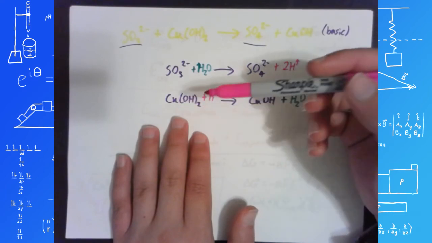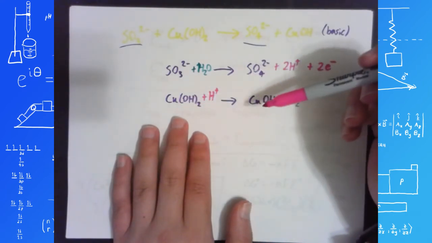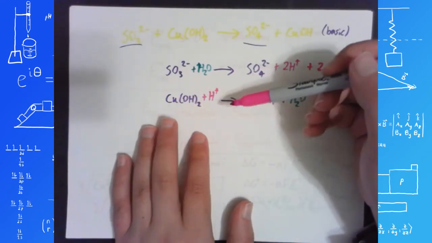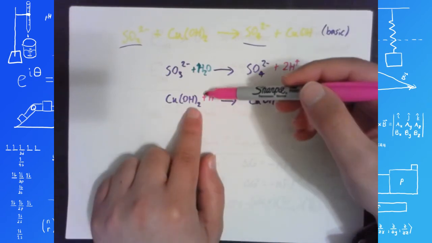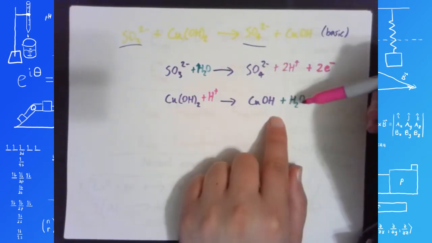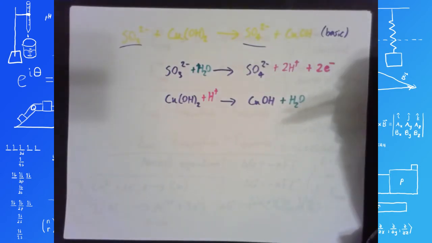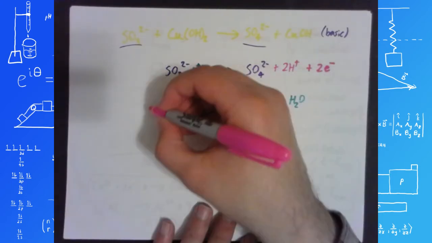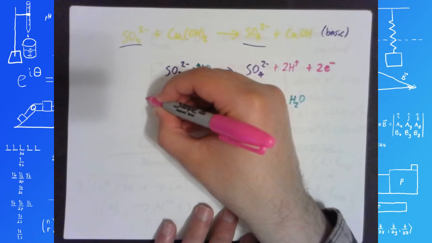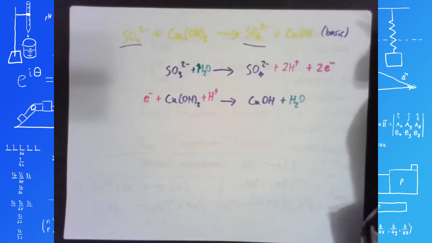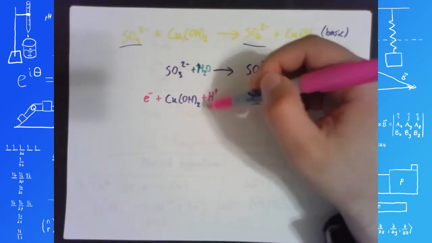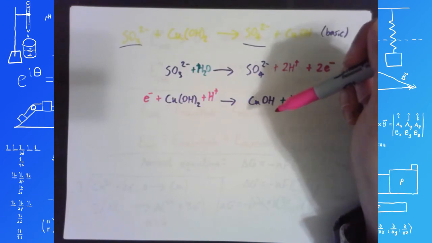For the second half reaction, we've got a total charge of +1 on the left and a total charge of 0 on the right. I would need to add 1 electron over here so that the total charge on the left is 0.